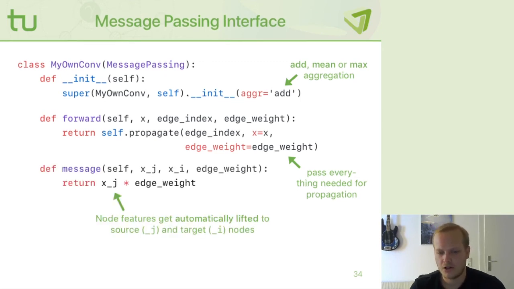This propagate function will internally call the message function, where you can define the messages that are sent to each destination node. And here, node features get automatically lifted to source and target nodes. And we use _j for the neighboring nodes and _i for the central node that receives those messages. And here our message computation is rather trivial, where we just scale all neighboring node features by their corresponding edge weight.